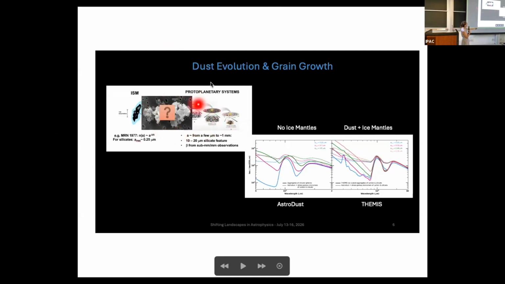The problem now is to understand how grains in the interstellar medium, which have a typical MRN size distribution, can grow all the way to form rocky planets in protoplanetary systems.